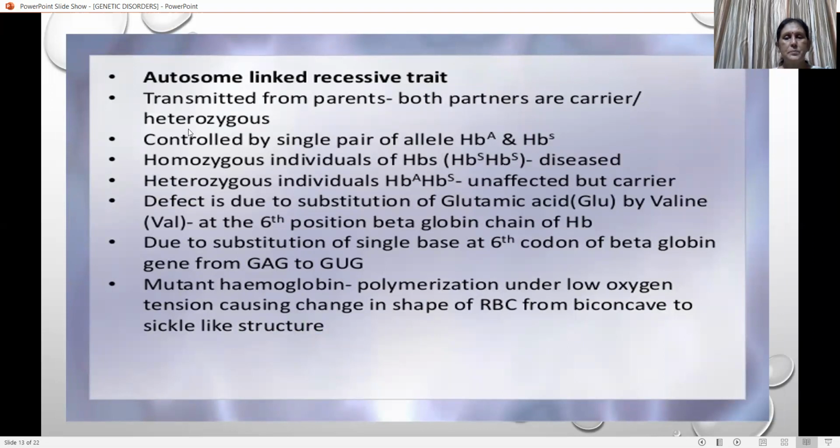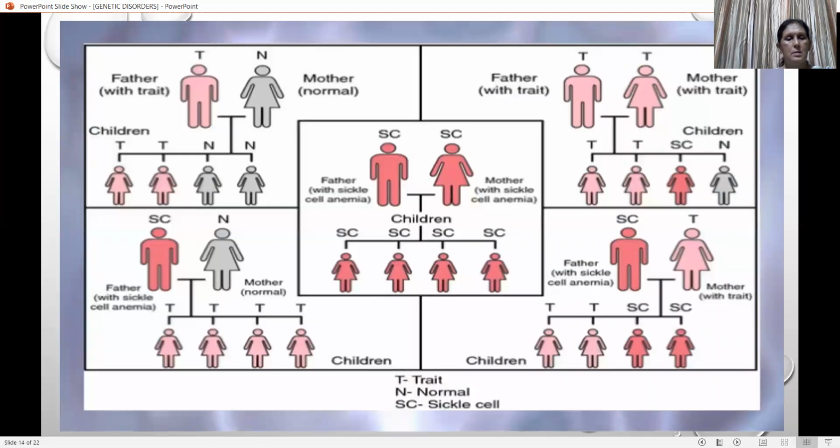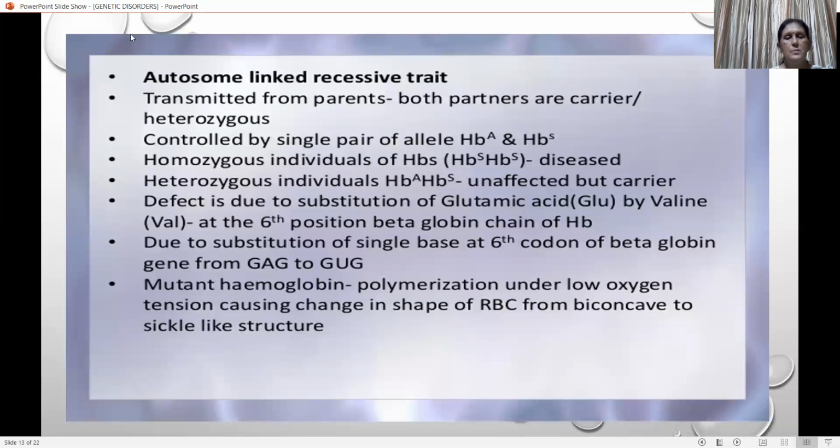So why does it occur? Because it is an autosomal linked recessive trait. In sickle cell anemia, it is autosomal linked. That means the body's gene carries the particular genetic disease. So it is transmitted from both parents.